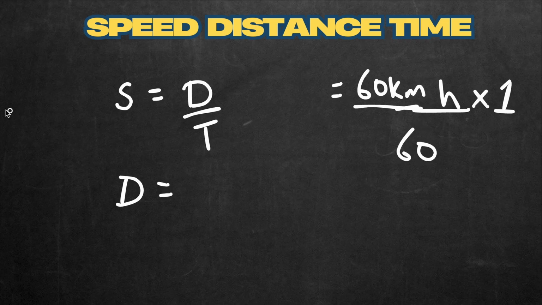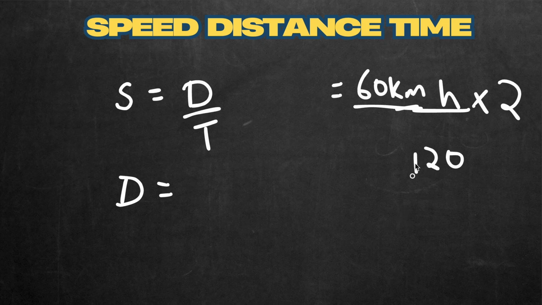If a car goes at 60 kilometers per hour for 2 hours at this speed, how much distance do you think it will cover? It will cover 120 kilometers. So the relationship is clear. Distance equals speed times time. Speed multiplied by time. This is what we did here.